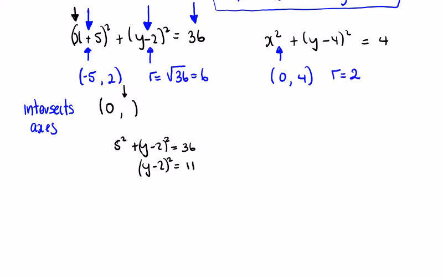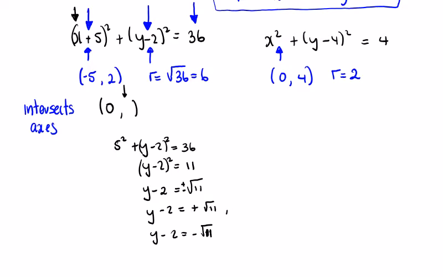So if we get the square root of both sides, y − 2 is equal to the square root of 11. So y, it's plus and minus. So y − 2 = +√11, or y − 2 = −√11.